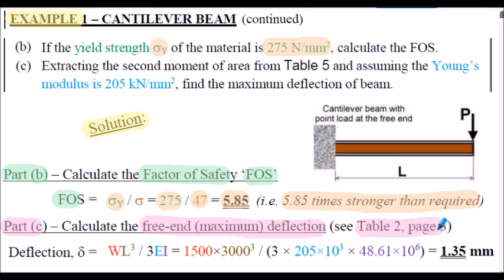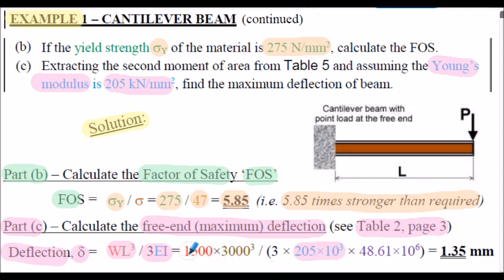Part C, we're asked to calculate the free end, that's the maximum deflection, again using the appropriate table on our previous slides. So deflection delta from the formula is WL cubed divided by 3EI. In the question, the Young's modulus, that's the E value, is 205 kilonewtons per millimeter squared. So we'll insert that value into the equation to use.